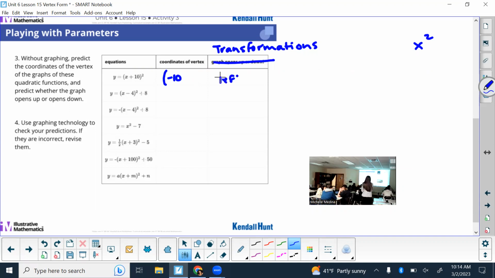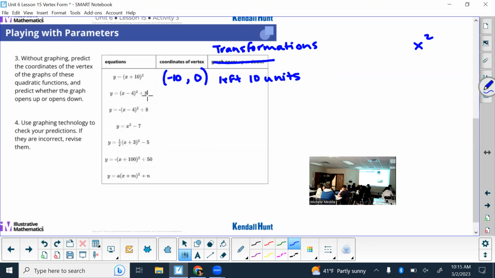And how many units? Left 10 units. Did it move up or down at all? No, because there's no k. That would have been the y of your vertex. So it didn't move up or down at all. All it did was move left 10 units.